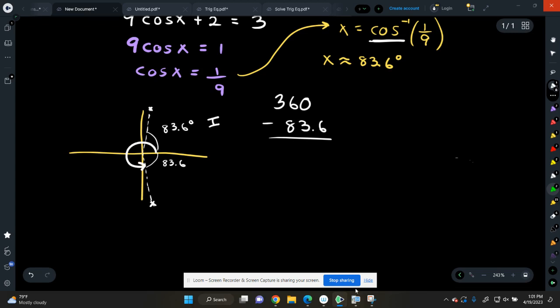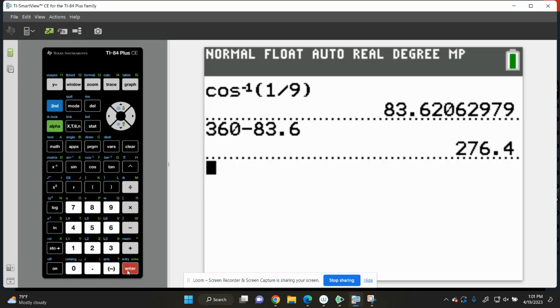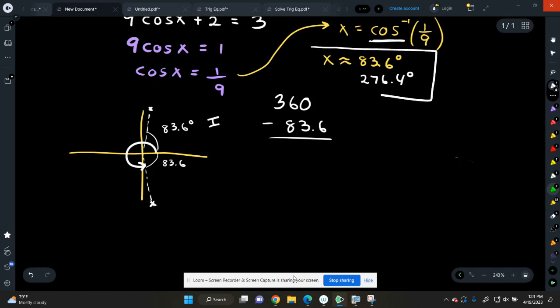So 360 minus 83.6, and that gives me 276.4. Okay, so those are my 2 solutions. I have to use my calculator to get that angle, but then I kind of have to reason through the rest of it.